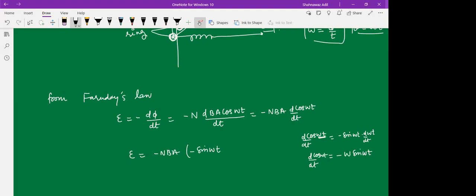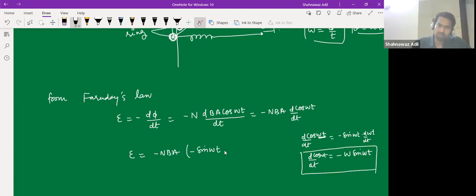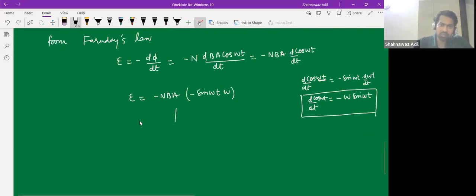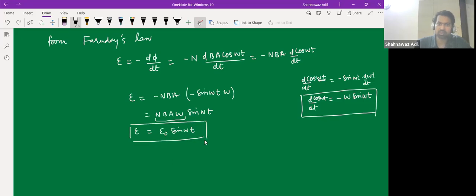Okay, so if I write this properly, this would be NBA omega and sine omega t, right? This is a fixed value, and let me write it as E naught. So E naught sine omega t. Okay, and I will talk about this one in a moment.